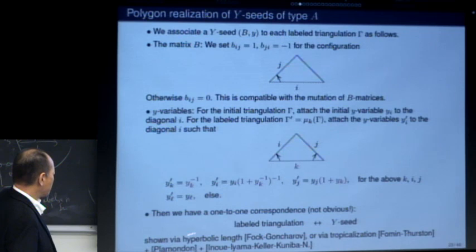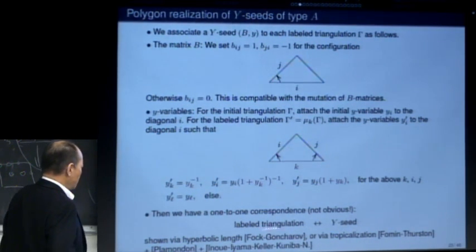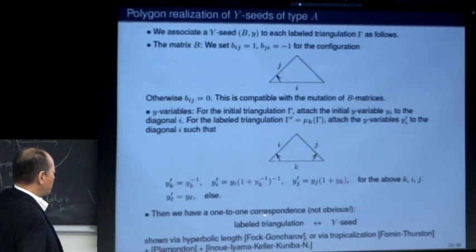One is that you can identify this y using hyperbolic lengths, using hyperbolic geometry. The other way is using a tropicalization technique, which calculates the so-called C-vector, and the C-vector determines the y variable. This method also works when there are punctures. Anyway, it means you can forget about Y seeds and safely work with labeled triangulations.